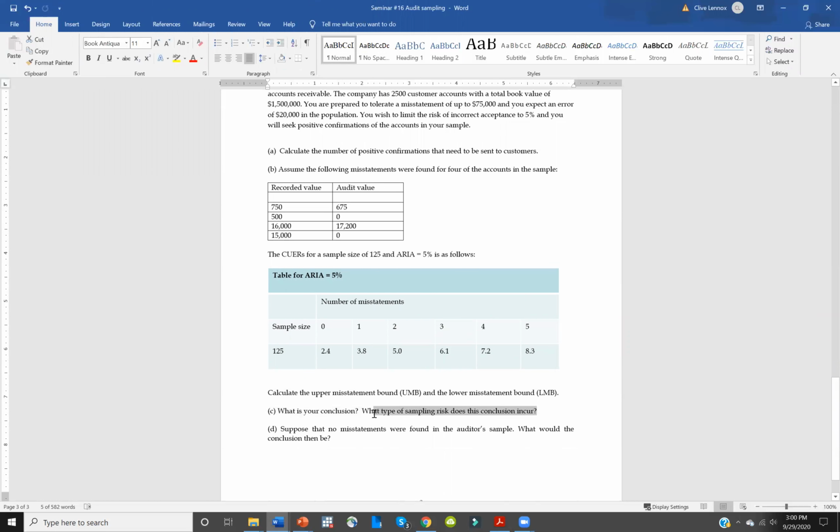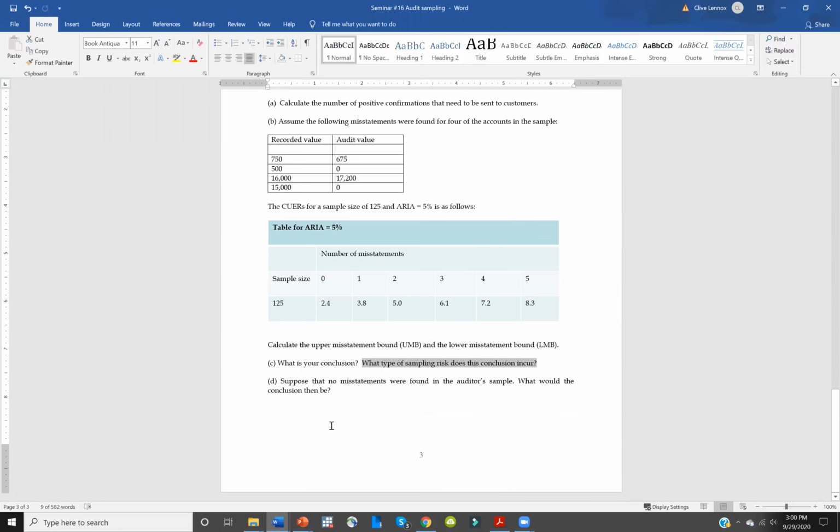And then you're going to tell me what kind of sampling risk this conclusion incurs. And then part D says, suppose that there weren't any misstatements found in the auditor's sample, what would the auditor then have concluded about the existence of a material misstatement?